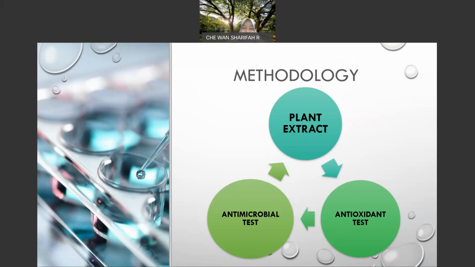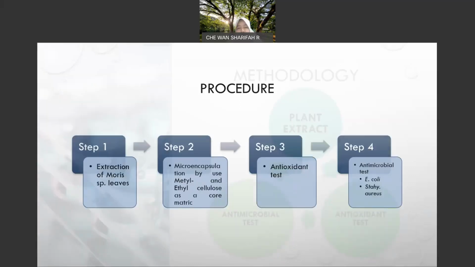The last one is the antimicrobial test using two different types of bacteria, Staphylococcus aureus and E. coli. These two bacteria come from two different classes of bacteria. This is the procedure used in this study.